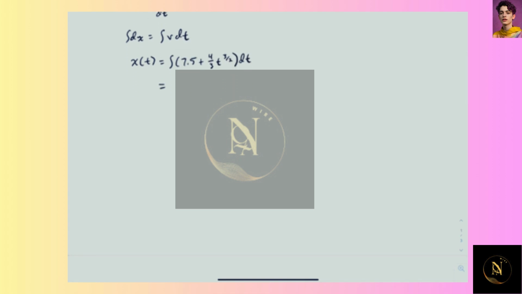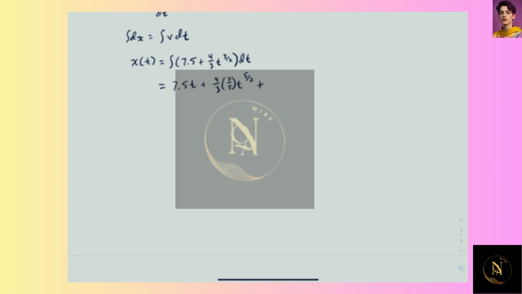Now we just integrate, so 7.5, we add a t, and 4/3 times t to the 3/2, so we integrate and add 1 to 3/2, and we get t to the 5/2, and then we have to divide by 5/2, so multiply by 2/5.